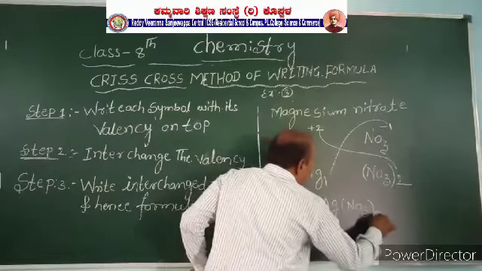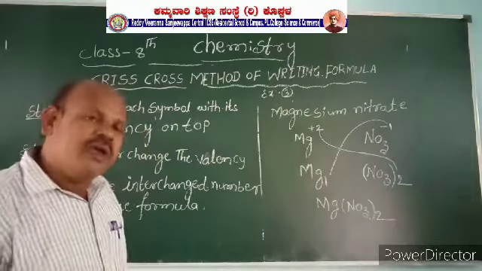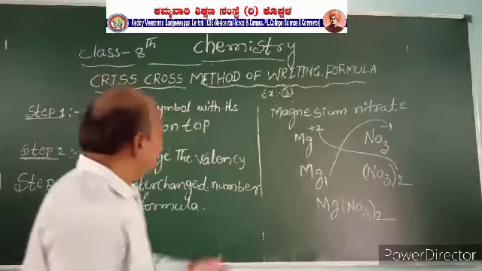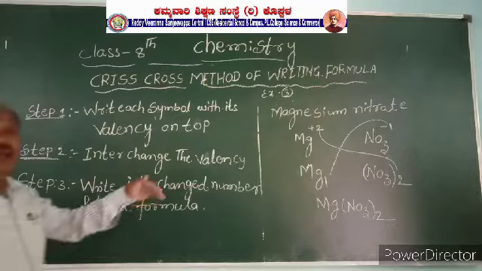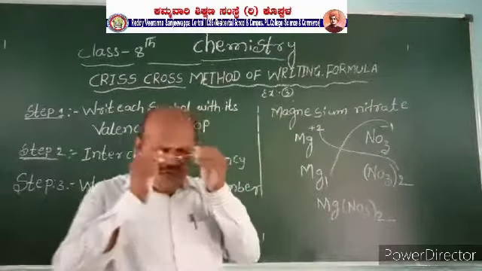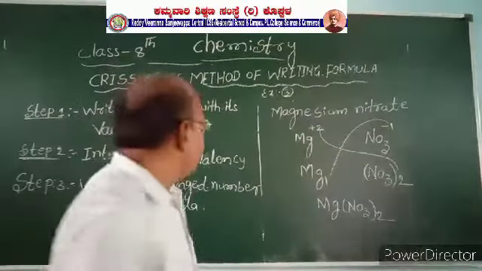Therefore, magnesium nitrate formula is Mg(NO3)2. Only you follow these 3 steps, 1, 2, 3 steps, and you will get the chemical formula. Now take one last example of how to write the chemical formula.